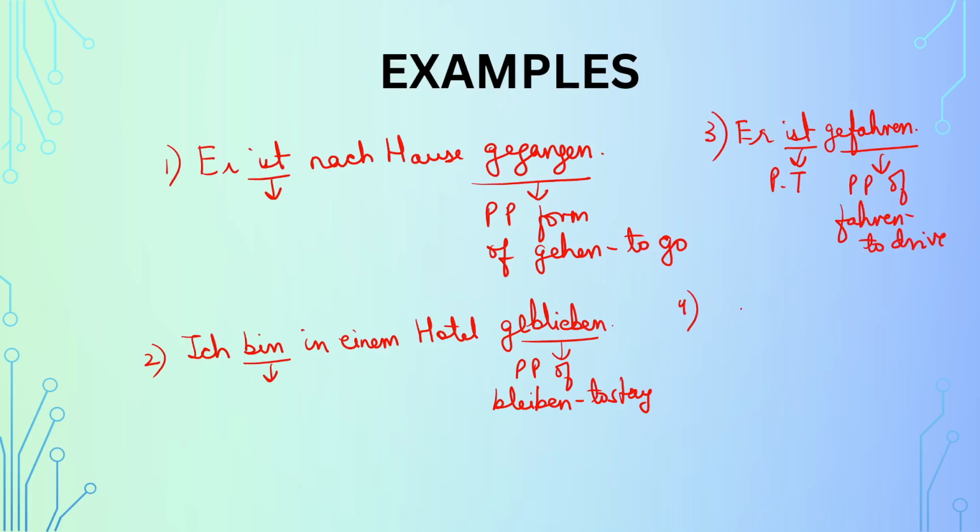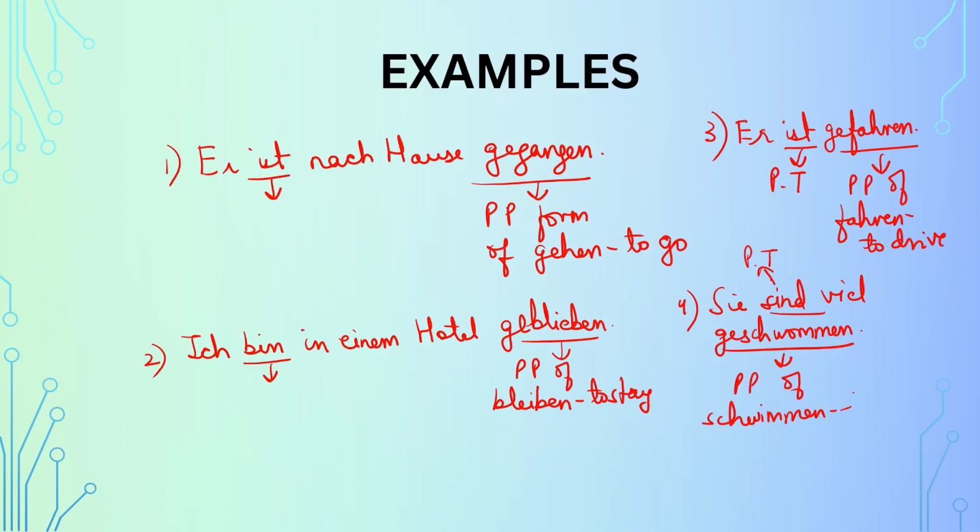We can take another one. Sie sind viel geschwommen. They swam a lot. So sind is the present tense form and geschwommen is the past participle of schwimmen, which means to swim.